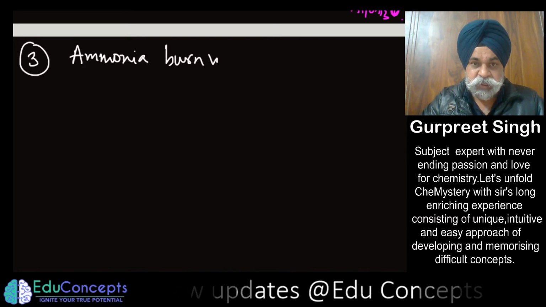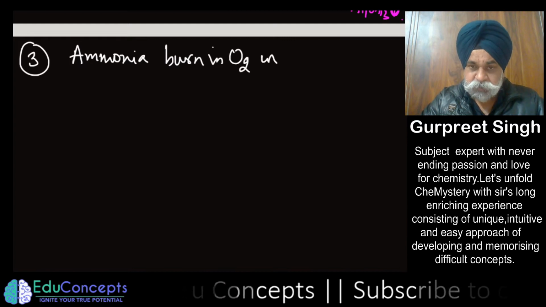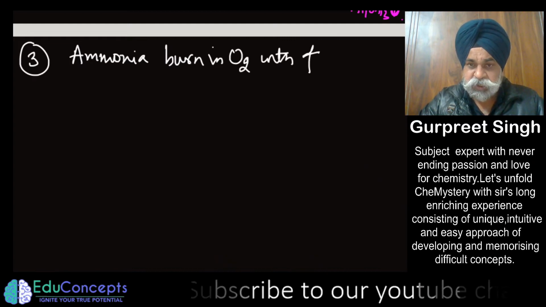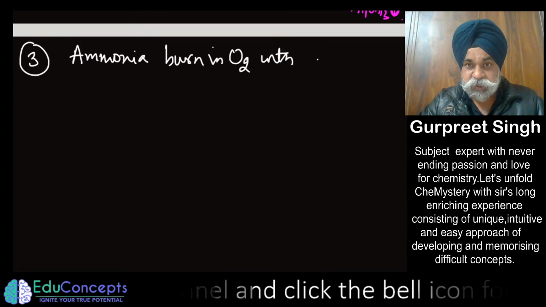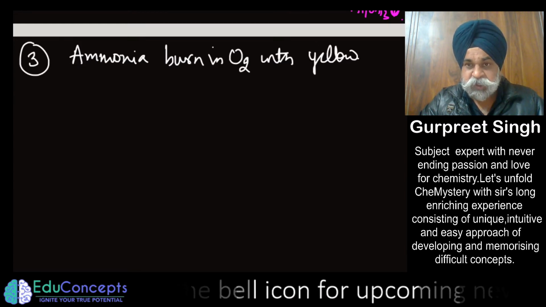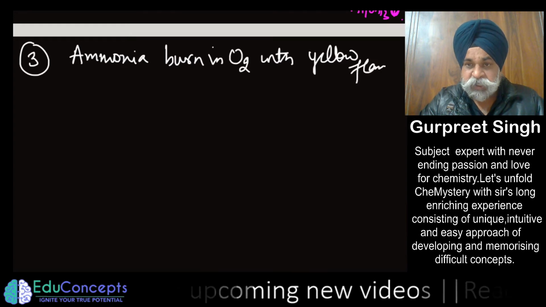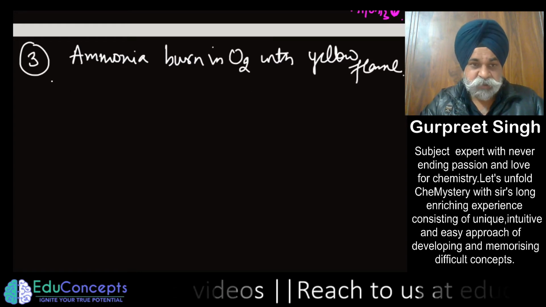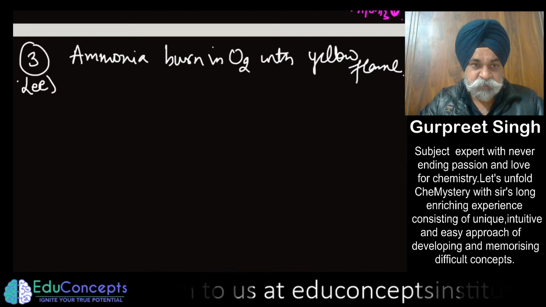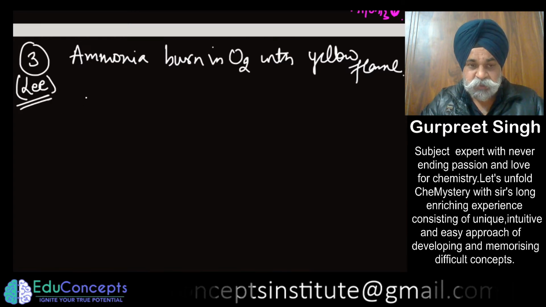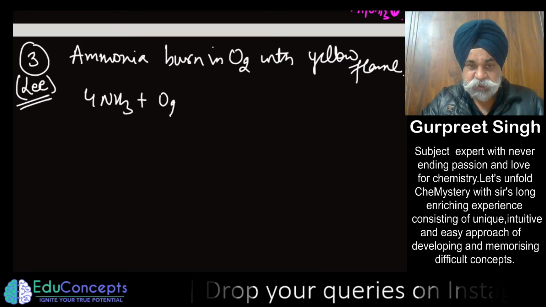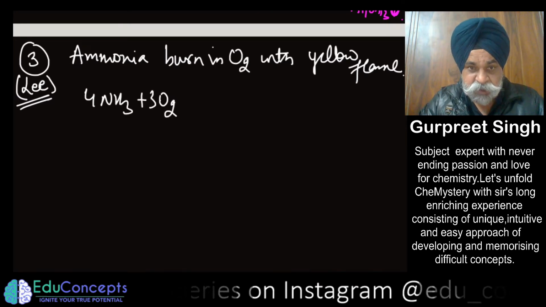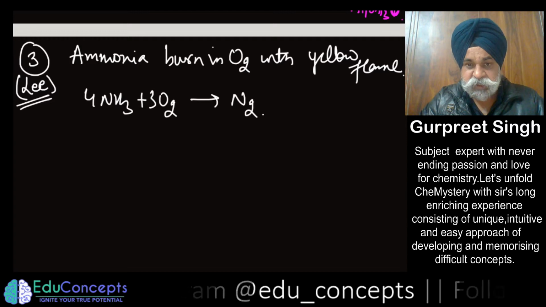Now the next chemical reaction is that ammonia burns in air with a yellow flame. When taken to a flame, it tends to give you a yellow flame. This is endorsed in the J.D. Lee book. So what exactly is the reaction? 4 moles of ammonia when treated with oxygen, this I have covered in the topic of preparation of nitrogen gas also.